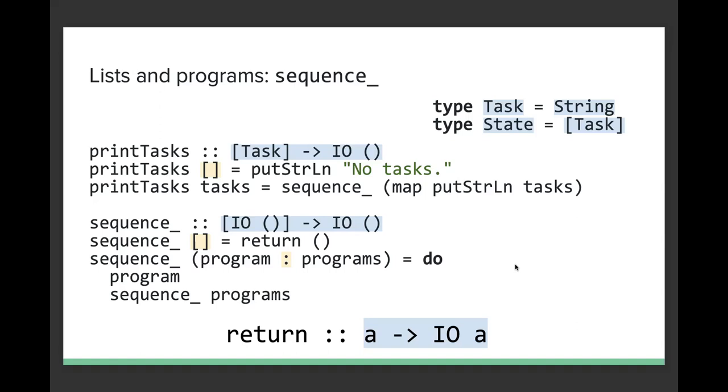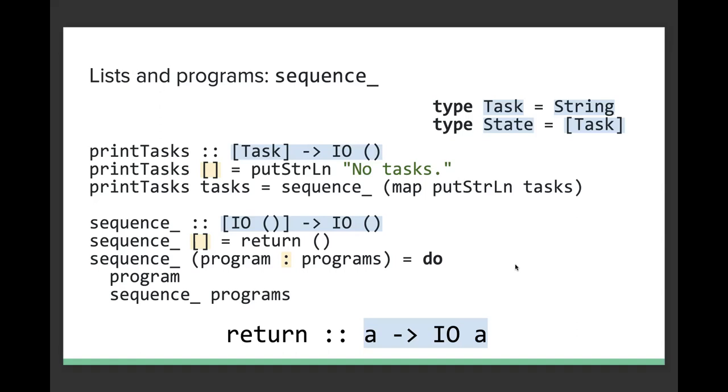So if you put it in the middle of the do block, it will do nothing, return that value, be ignored, and then the do block will continue executing the next expression in the sequence. So please do not try to use return to exit a program. That's not how it works.